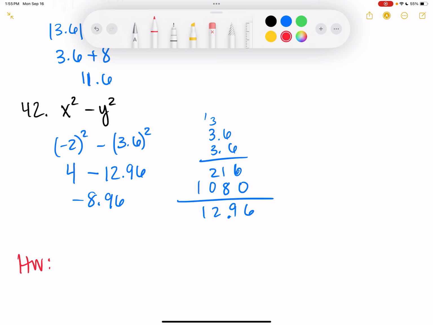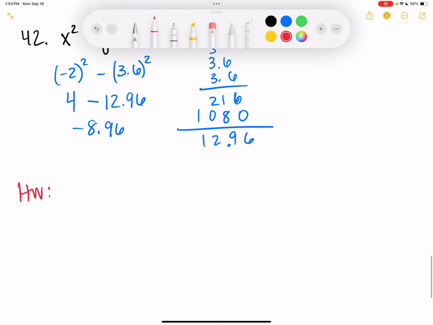Problems are 3, 5, 9, 13, 17, 21, 23, 31, 33, 37, 39, and 41.